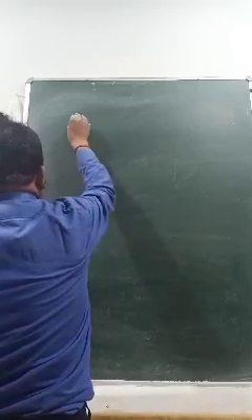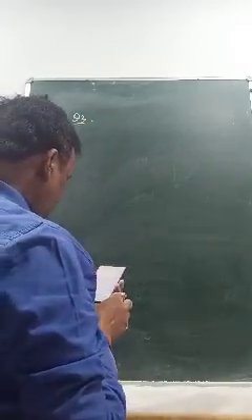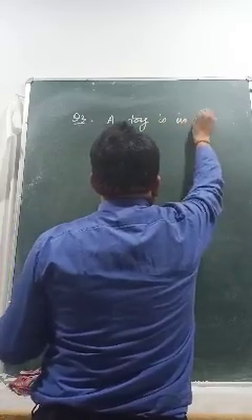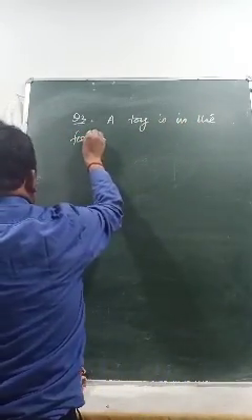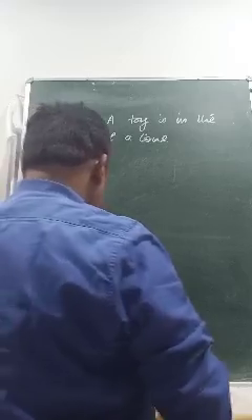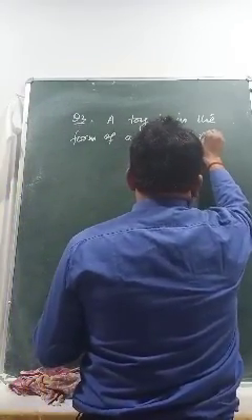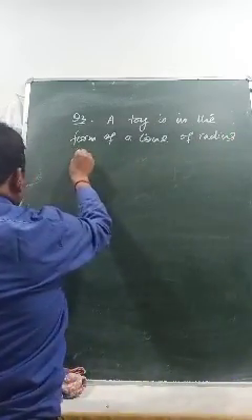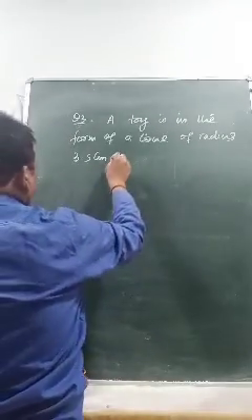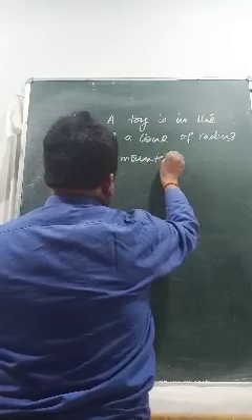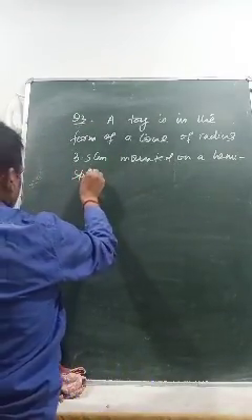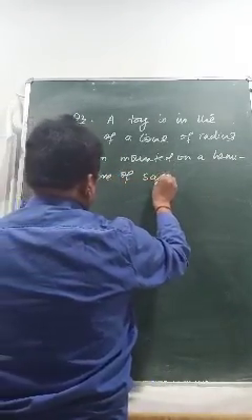Question number 3. A toy is in the form of a cone of radius 3.5 centimeter, mounted on a hemisphere of same radius.